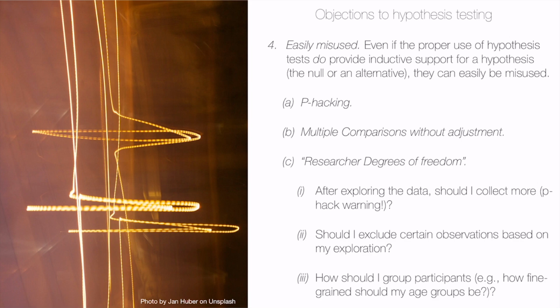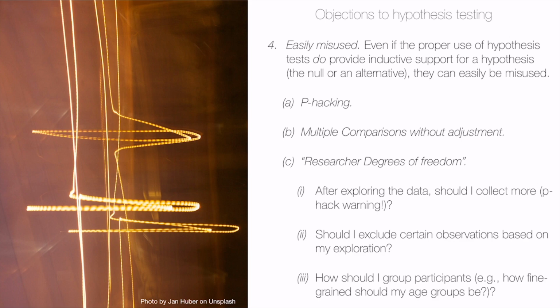And then researcher degrees of freedom, related to p-hacking for sure. Exploring data and then deciding, should I collect more to get a certain p-value, is kind of double dipping on the data: seeing what relationships might be there and then formally testing them. Sometimes that could be problematic. A better procedure would be to split the data into an exploratory set and then a set where you actually run your hypothesis test.